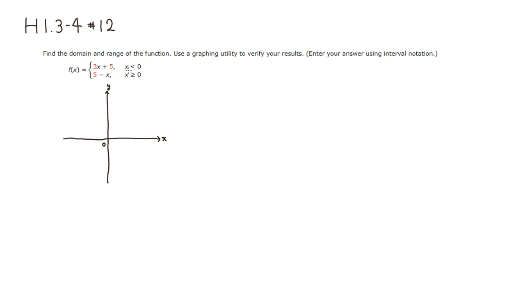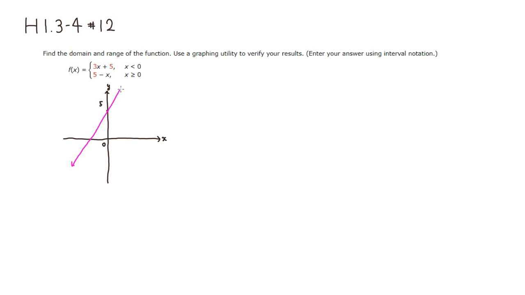When x is less than 0, the graph is 3x plus 5. So this is 5, then the slope is 3, so it's going to have a slope like that. It doesn't have to be super precise.